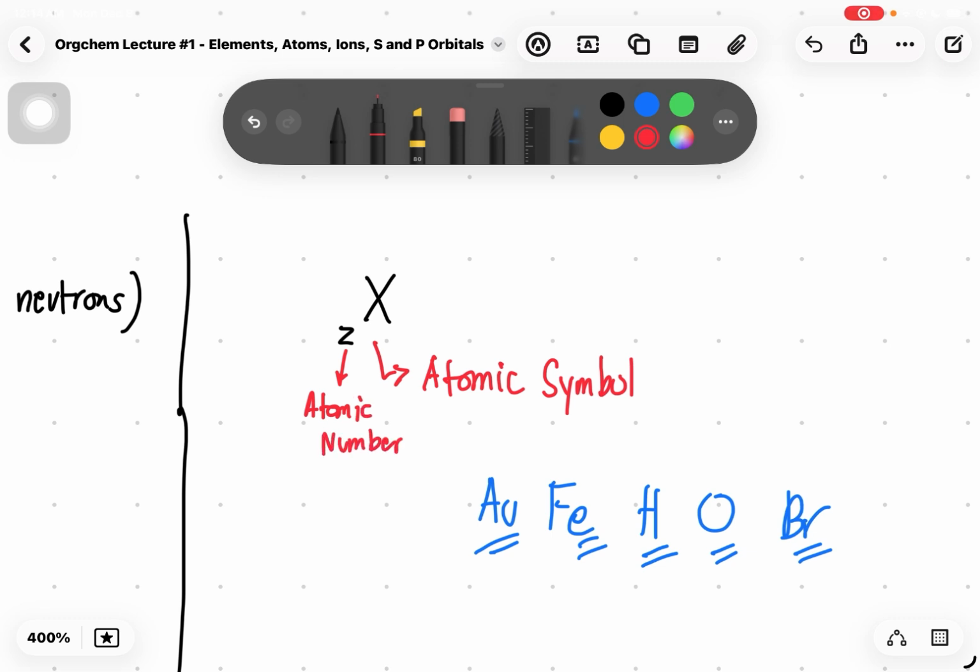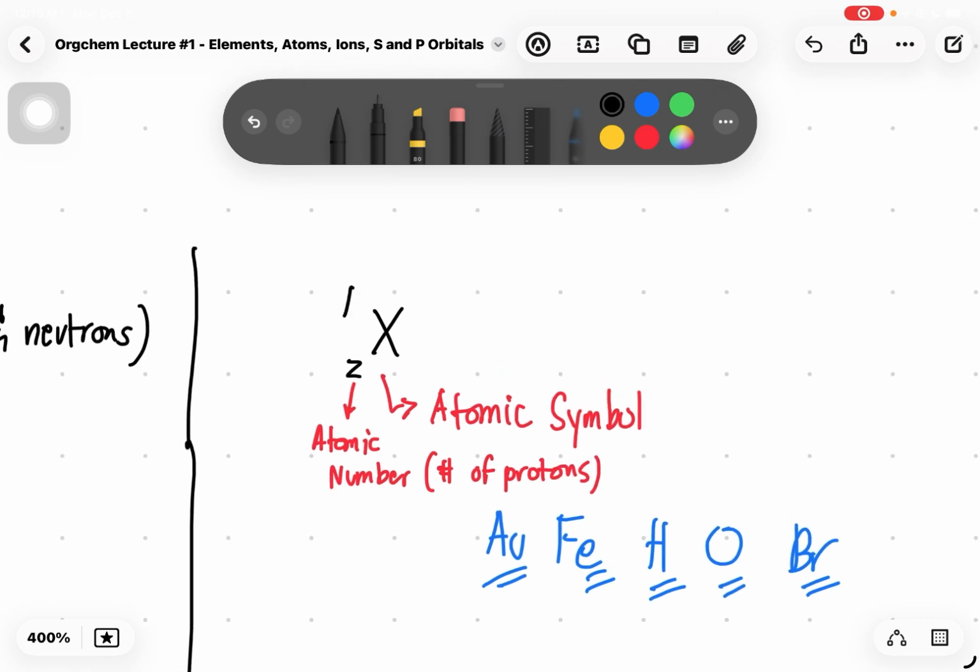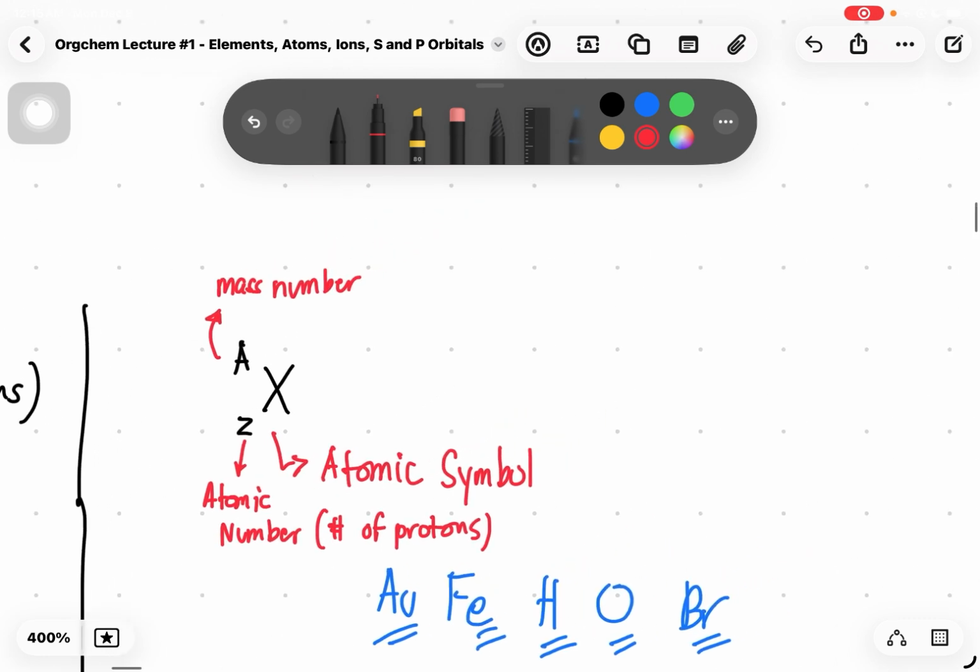The atomic number is basically also the same as the number of protons. And we can denote the next one as A. This is our mass number, which can also translate into the number of protons plus the number of neutrons found in an element.